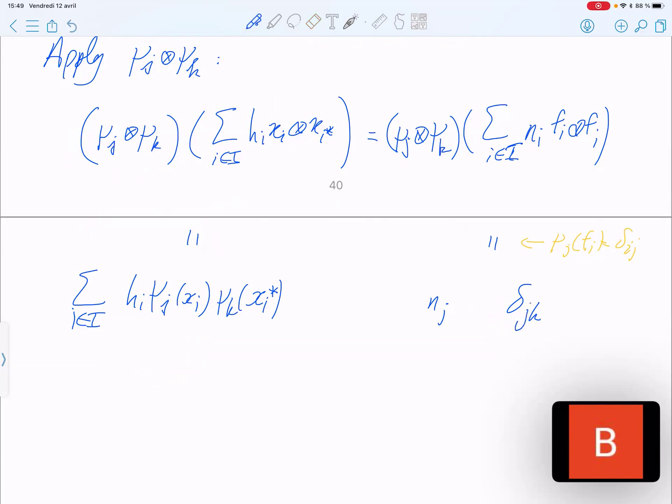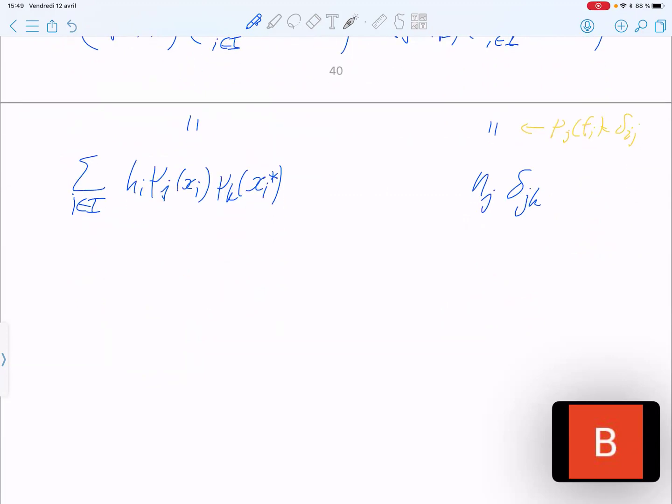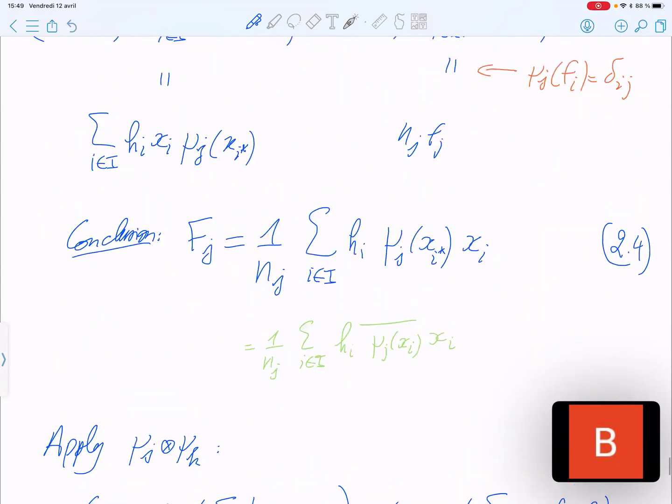So this is exactly what we get, and j delta_gk. And this is exactly the first orthogonality relation.